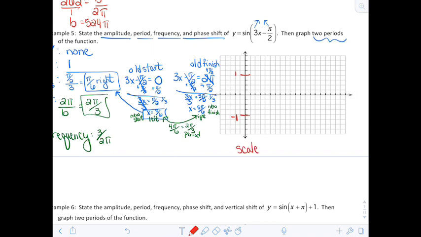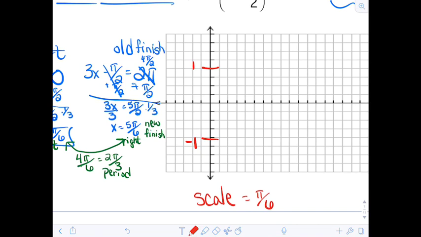I am going to count by pi over 6's, which we know is 30 degrees. Okay, so as I label my scale, I am going to mark the first one, pi over 6, then 2 pi over 6, 3 pi over 6 is pi over 2, 4 pi over 6, 5 pi over 6. Now there's one cycle from pi over 6 to 5 pi over 6.